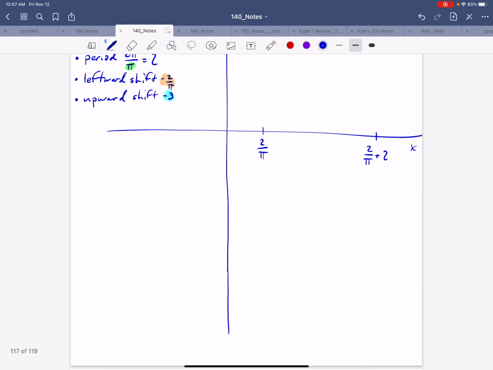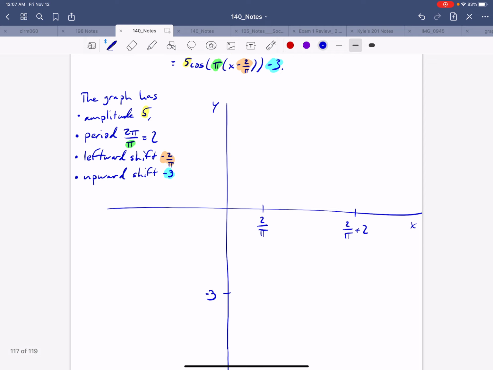So, maybe about here, right? Negative 3. Actually, maybe this is just a little too far to the right. Maybe we'll shift this over just a little bit. That's a bit better, okay? Because this is negative 3. Okay. Now, again, we are getting that from our upward shift.